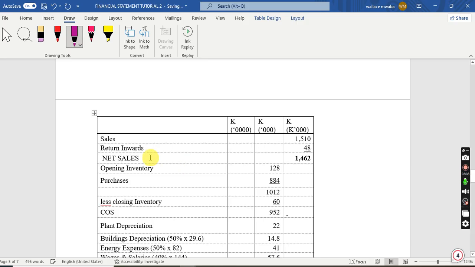You don't have to put it, it's not mandatory that you put net sales, but just for your own information. After you've got your net sales, you only subtract the return inwards, only that, nothing else.